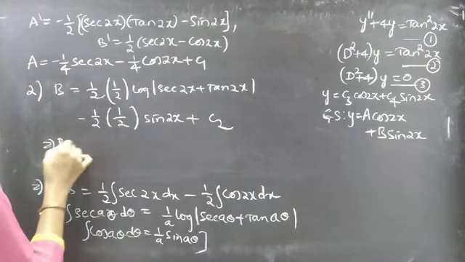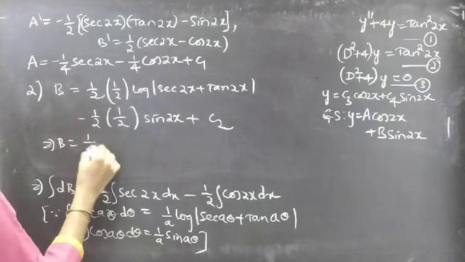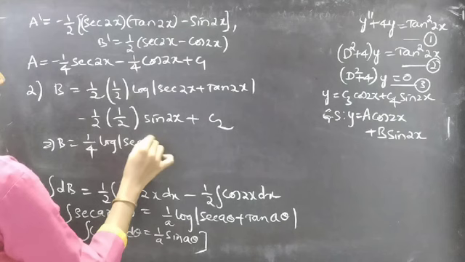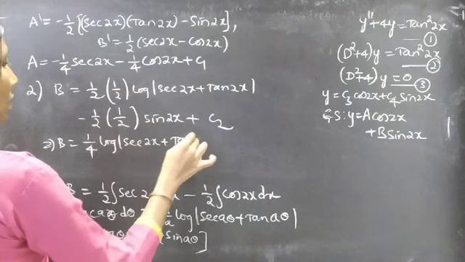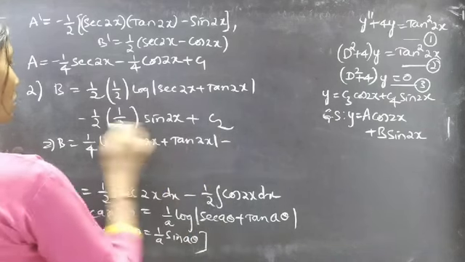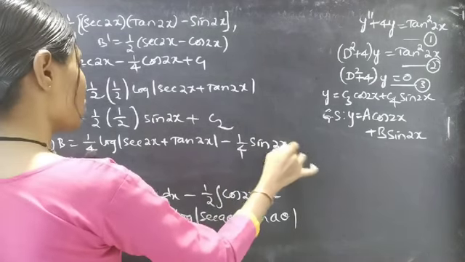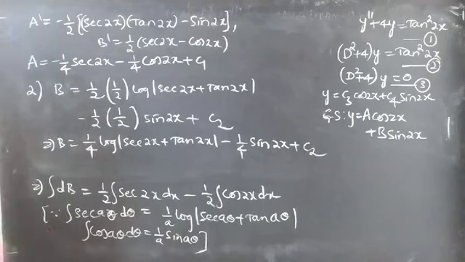Then b equal to 1 by 2 into 1 by 2, which is 1 by 4, log mod secant 2x plus tan 2x, minus 1 by 2 into 1 by 2, which is 1 by 4 sin 2x, plus c2. This is our required b. We got a and b.